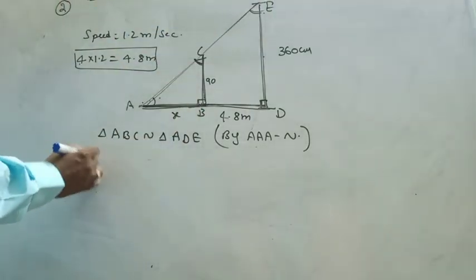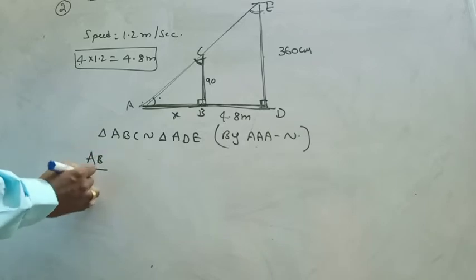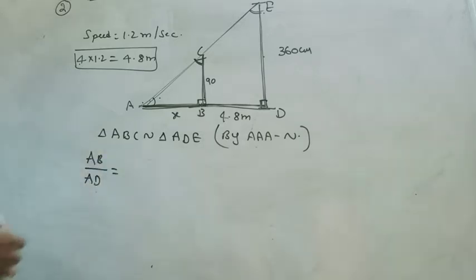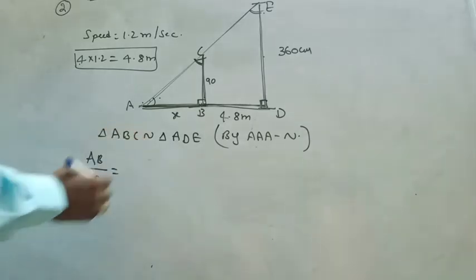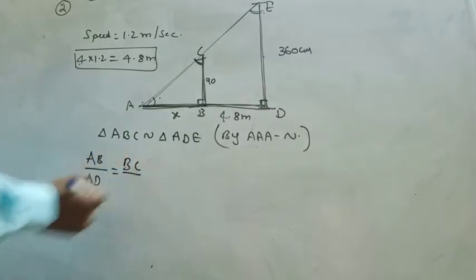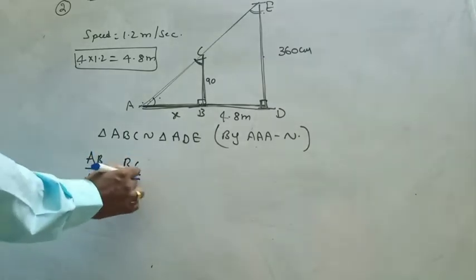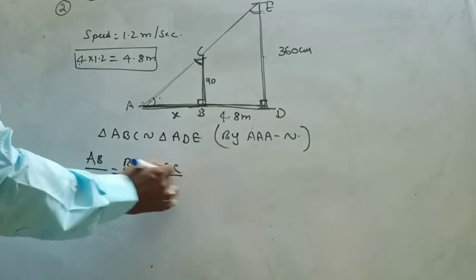Then AB by AD is equal to BC by DE, that is equal to AC by AE.